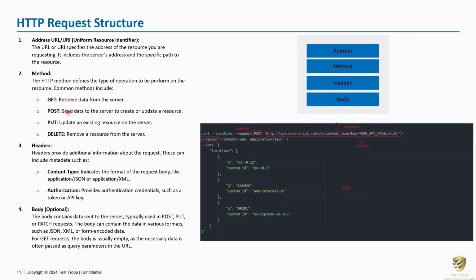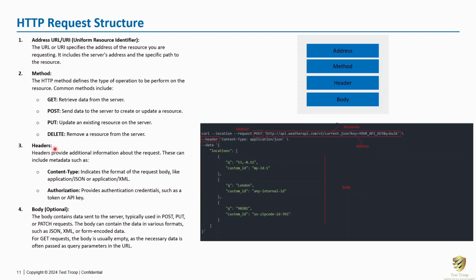The commonly used methods are get, which is to retrieve data from a server. Post is to create a new record or to modify an existing record on a server. Put is basically to update the content of an existing record on a server. Delete is to delete an already existing record from the server.